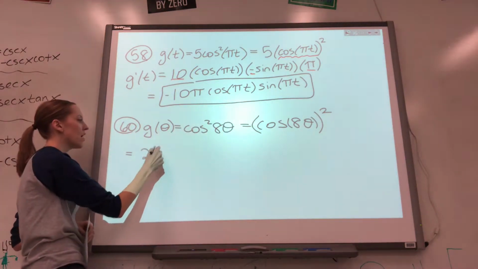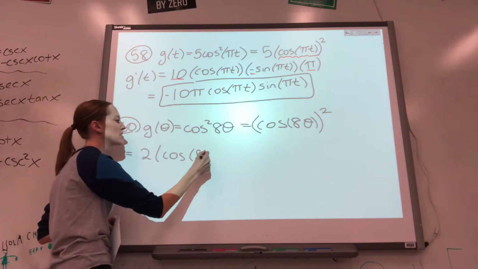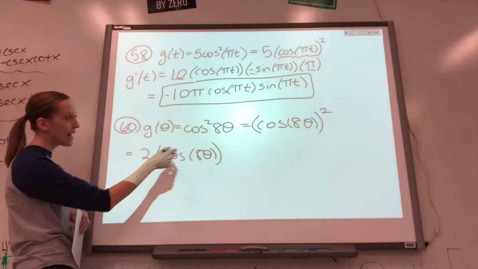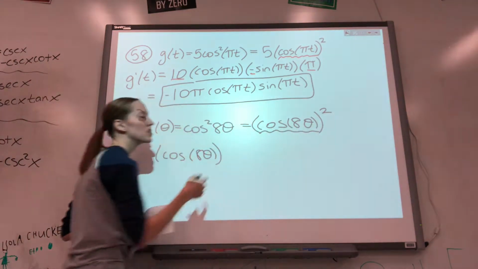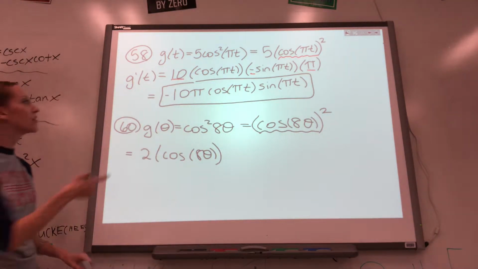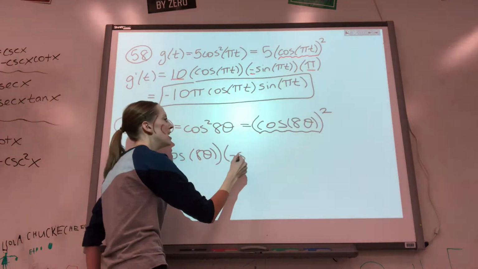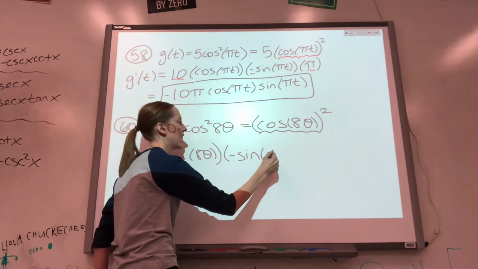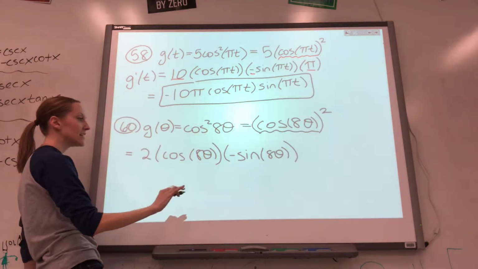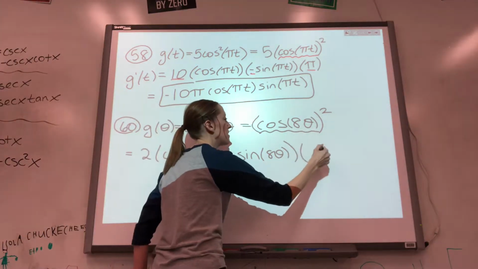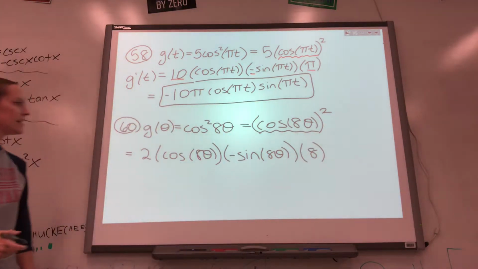So pull the 2 out front, make it to the 1 less power, and come back to take the derivative of the part in the parentheses. Here we go again. Derivative of cosine is negative sine. Keep the 8 theta the same, but then the derivative of 8 theta is 8.